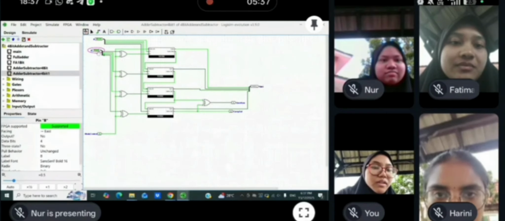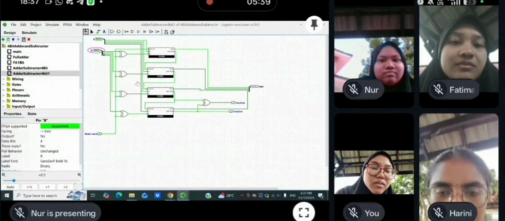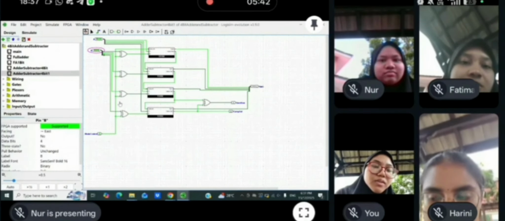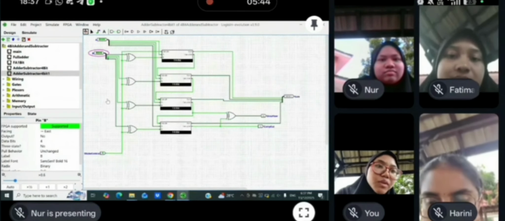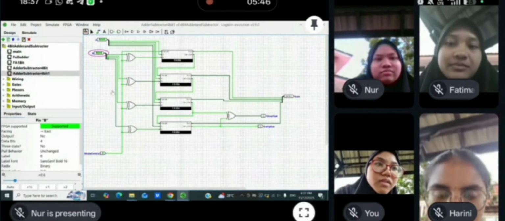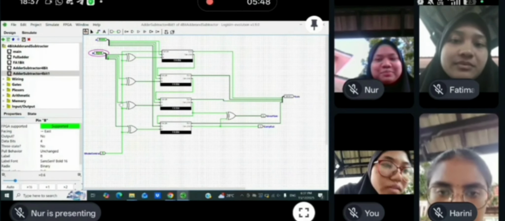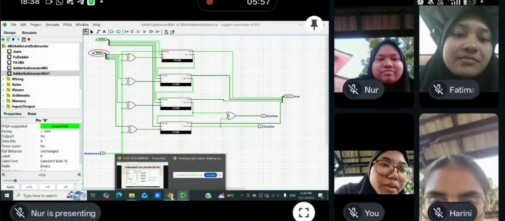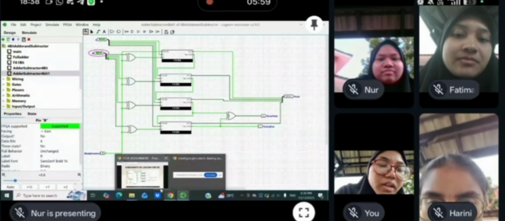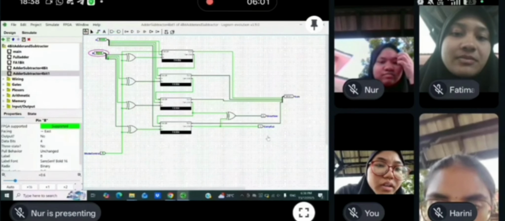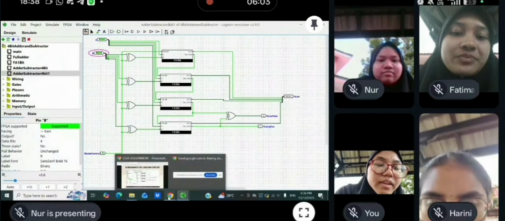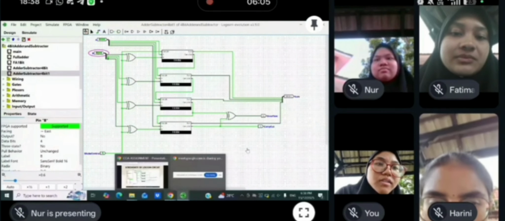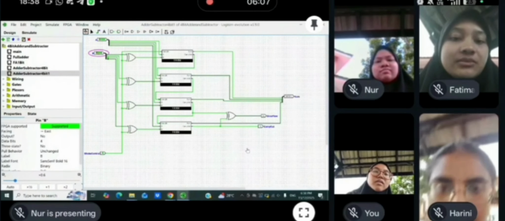So 7 minus 2, it will subtract 2. And the sum will be 0, 1, 0, 1. And the overflow will be 0 and the carry out will be 1. Which means that the circuit is functional and valid. Next.